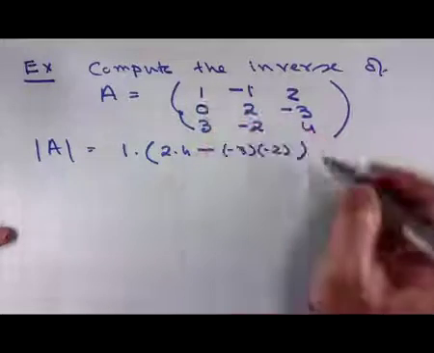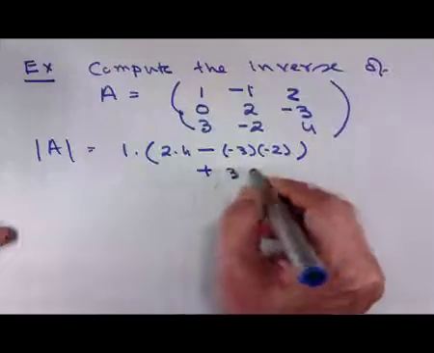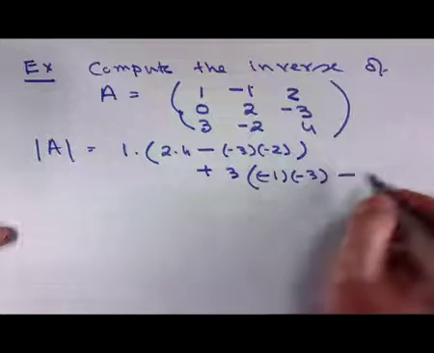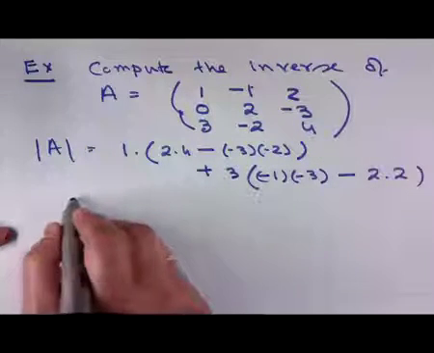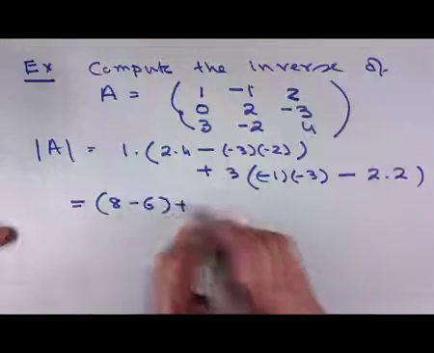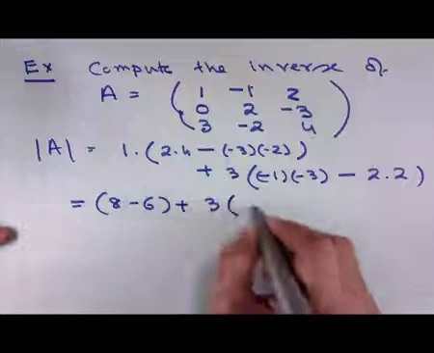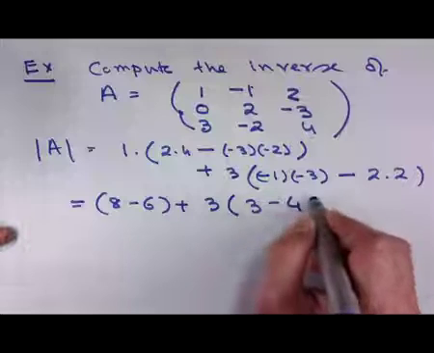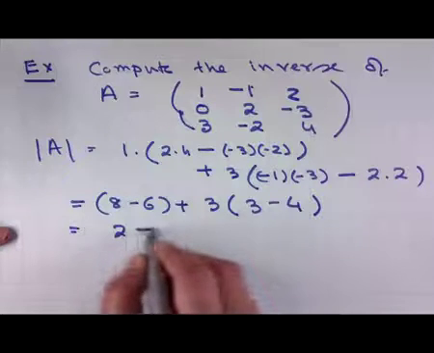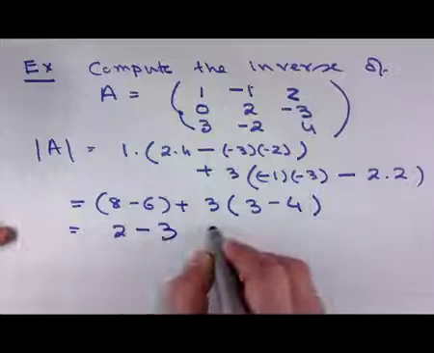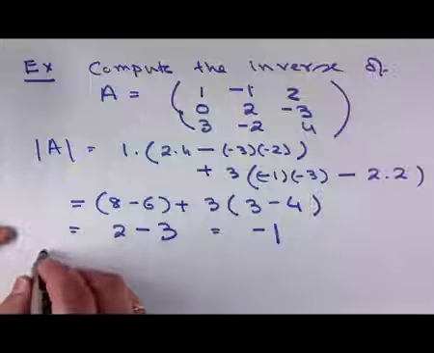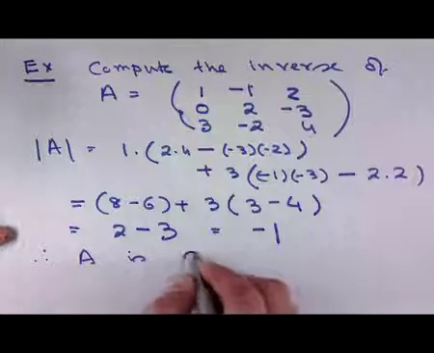If I expand along the first column, plus 3 into minus 1 into minus 3 minus 2 into 2, is equal to 8 minus 6 plus 3 into 3 minus 4, is equal to 2 minus 3, is equal to minus 1. Therefore, A is non-singular.